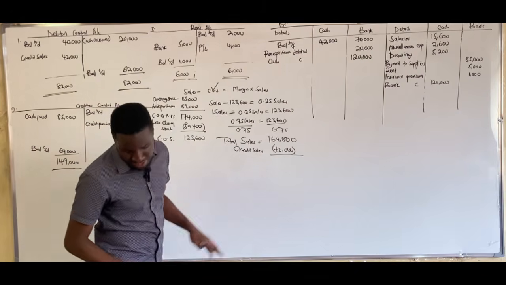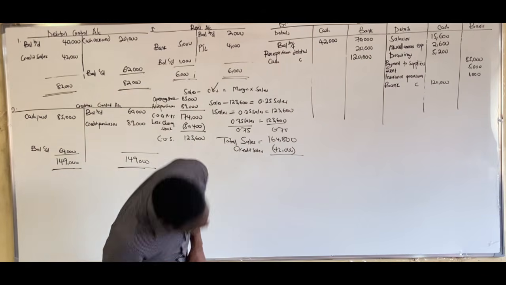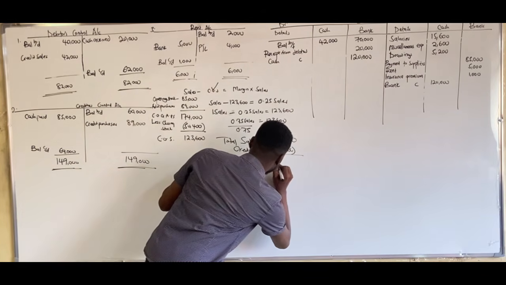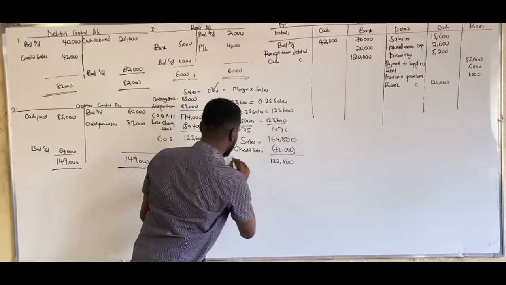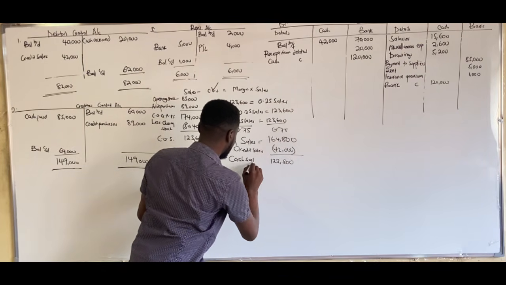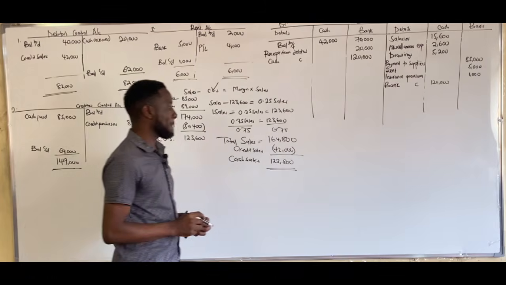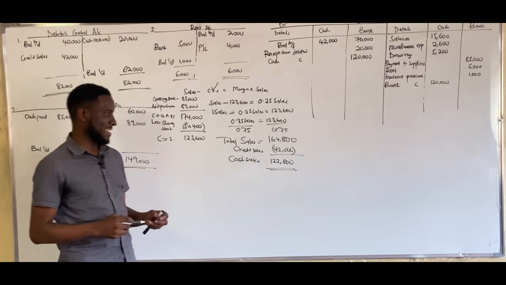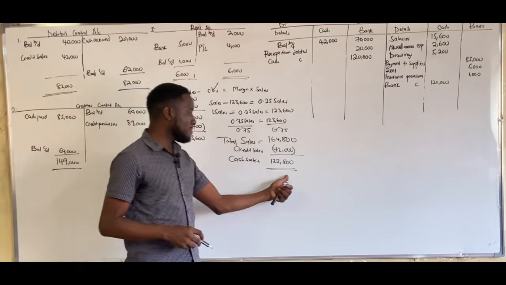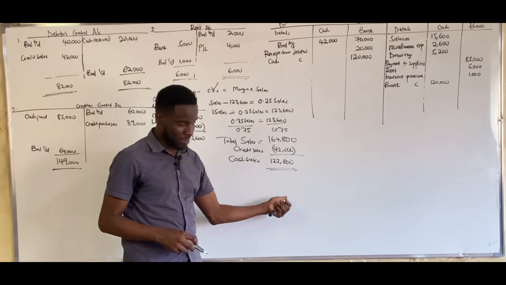When you less the credit sales, the figure that you get is 122,800. So we have 122,800 as our cash sales. This is how we use the margin approach to establish the cash sales.